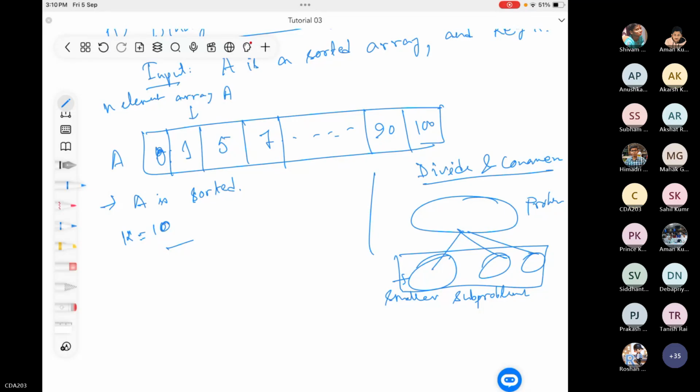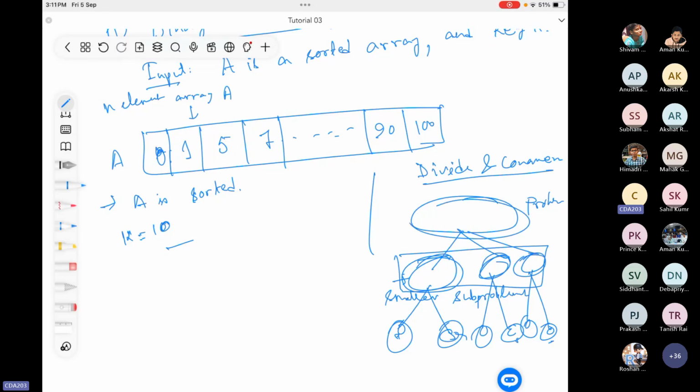Then you solve those, use their solutions to solve the parent problems, and finally solve the original problem. That's the divide and conquer technique.